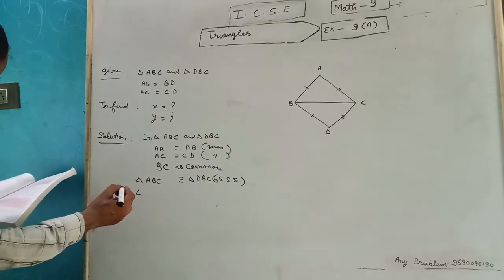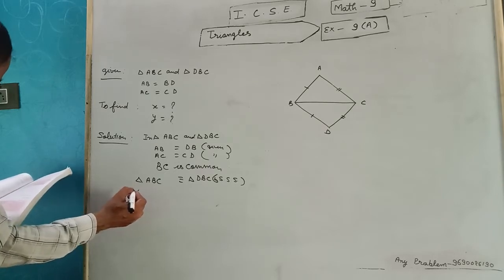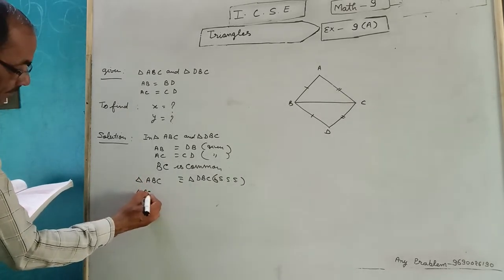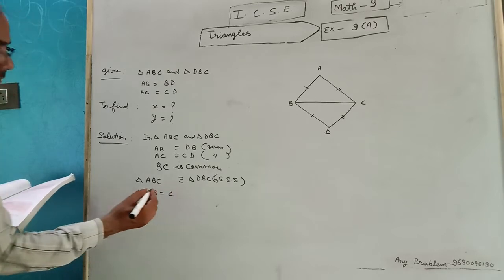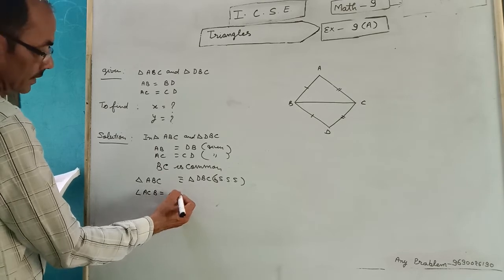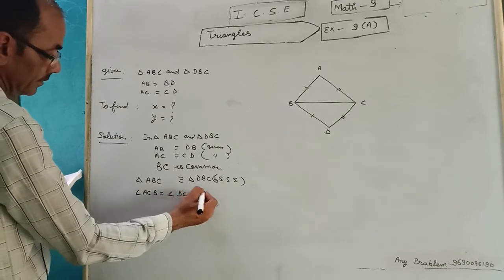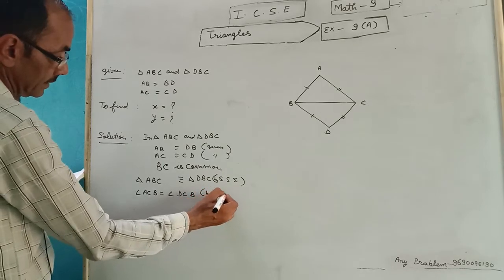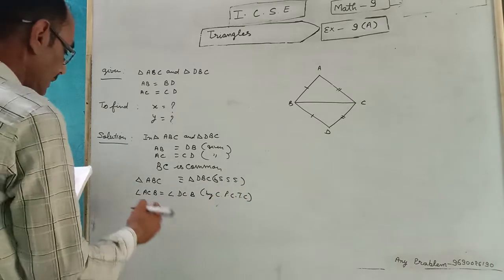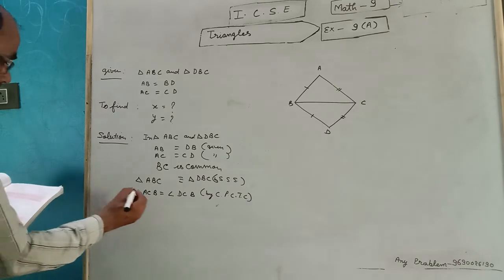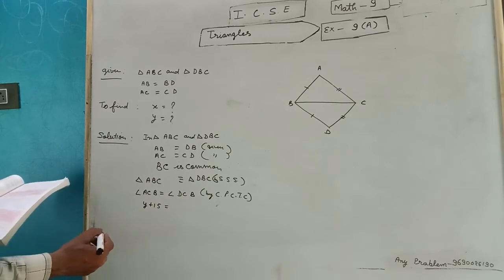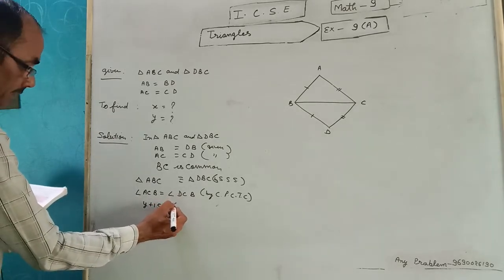Angle ACB equal to angle DCB by CPCTC. ACB value is y plus 15 and DCB value is 63.